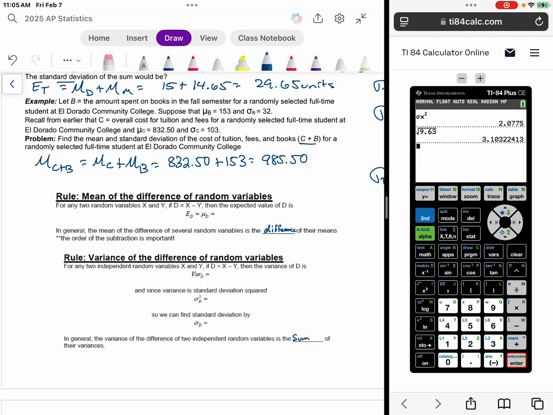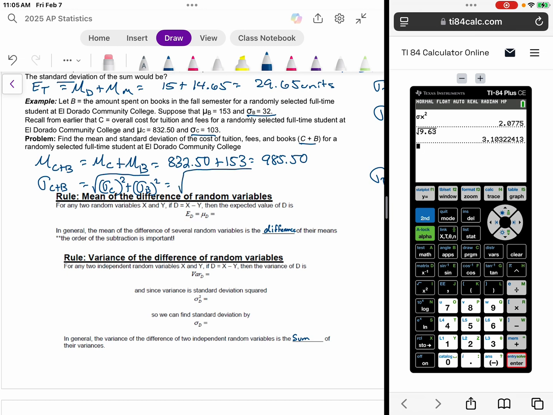What is the standard deviation of C plus B? Well, remember, I have to take the square root of the variances. Here's the challenge: in this situation, did they give us variances? No. They just gave us standard deviations. So I have to take the standard deviation of the cost squared plus the standard deviation of the books squared.